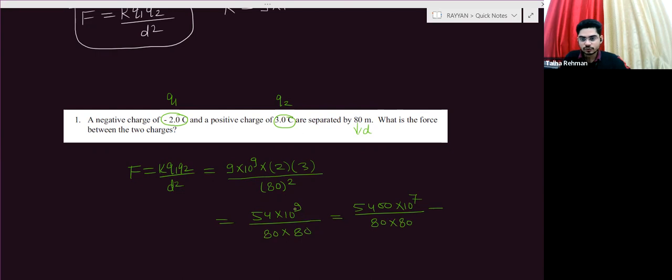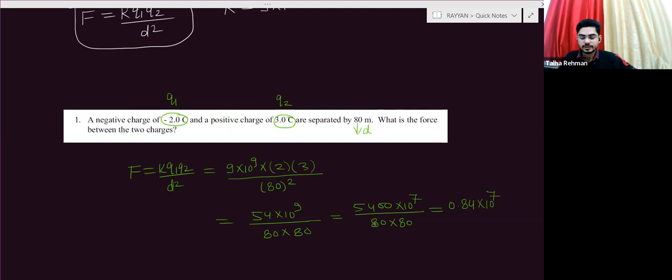When you divide 5400 by 80 two times, you will get 0.84 into 10 to the power 7.